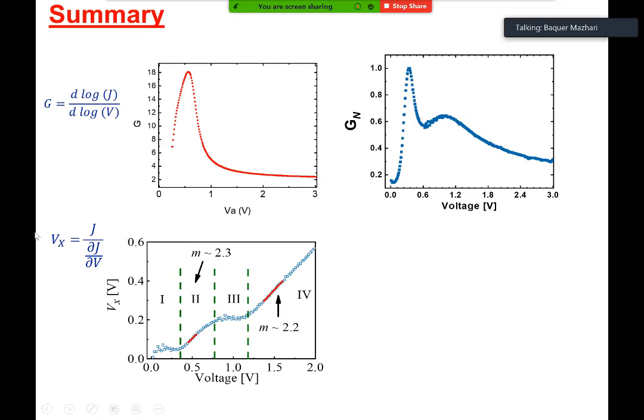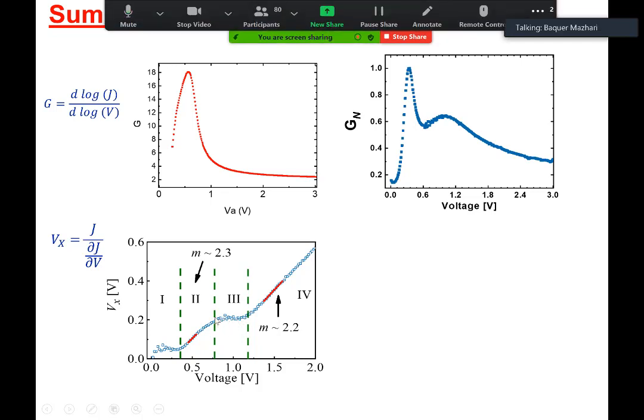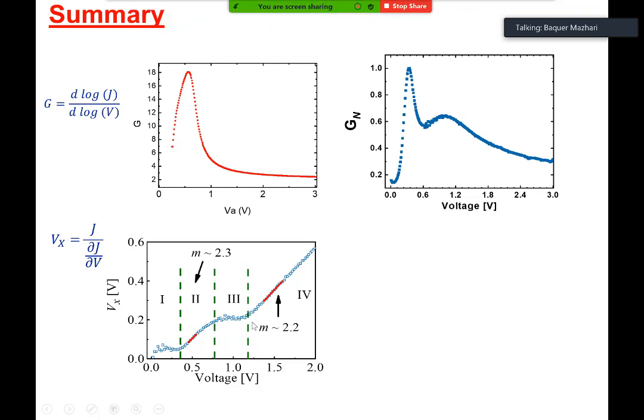A better analysis of the whole IV characteristics is through this particular function here, Vx equal to J del J by del V. This takes into account a more general power law expression with thresholds. And with that, you can find the trap fill limit voltages and other regions of the characteristics that are not evident at all in the normal log-log plots.